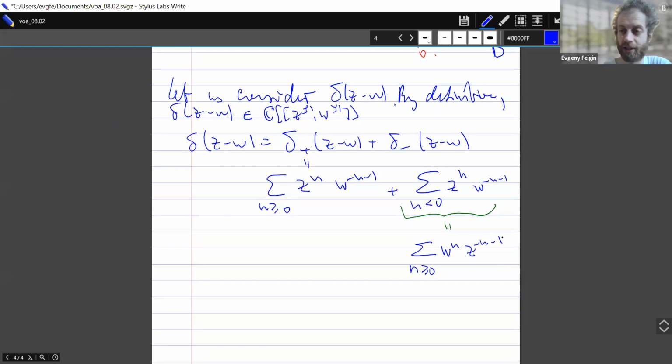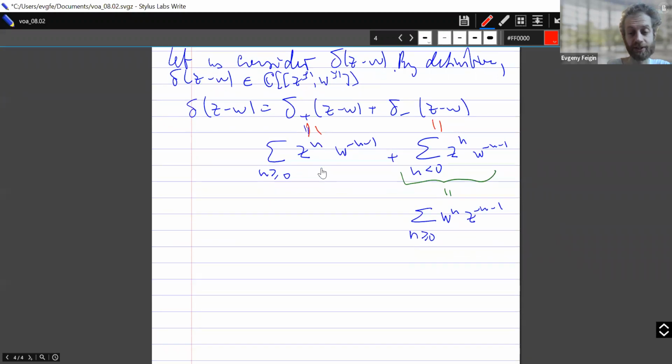So you can see that delta plus and delta minus are very similar to one another. The only difference is that in delta plus you take non-negative powers of z, and in delta minus you take non-negative powers of w, and since in the delta function they sum up to minus 1, it's more or less the same.